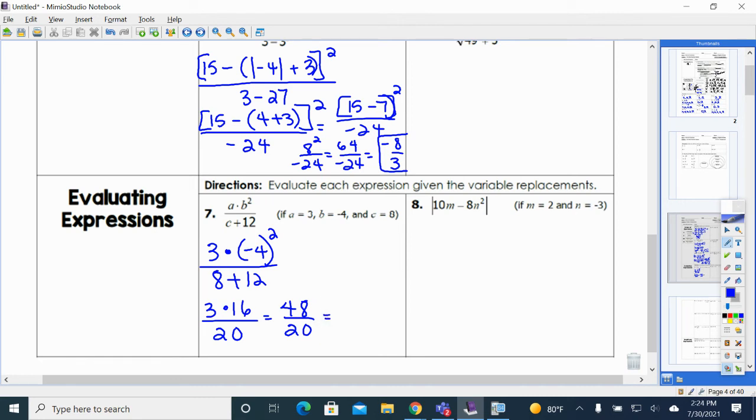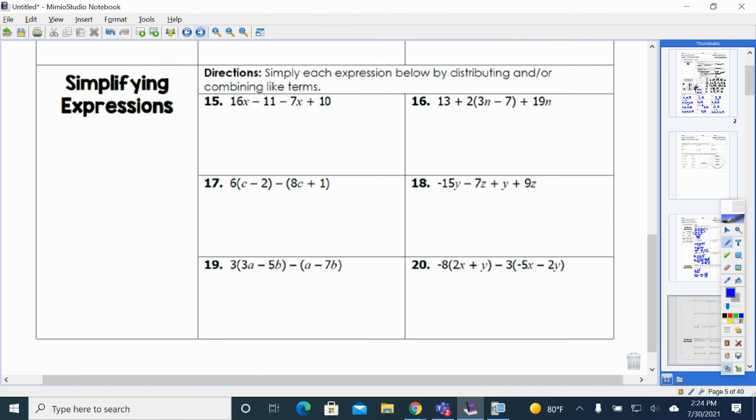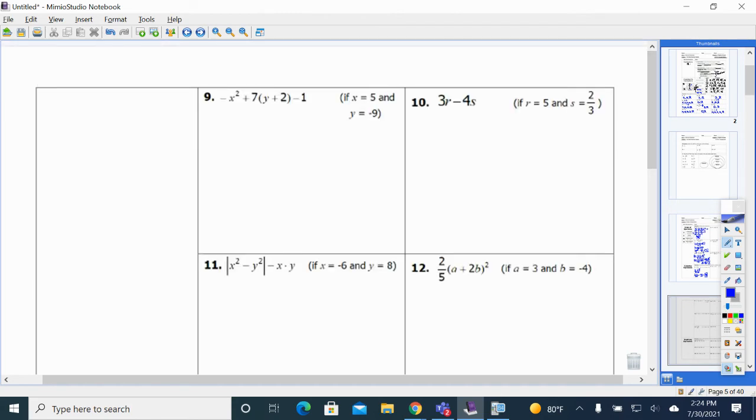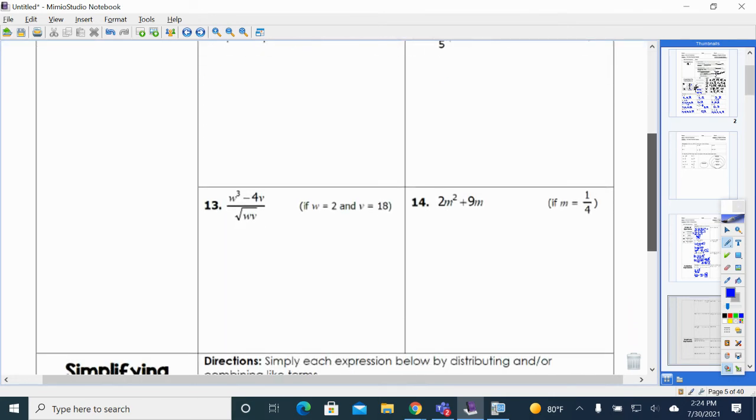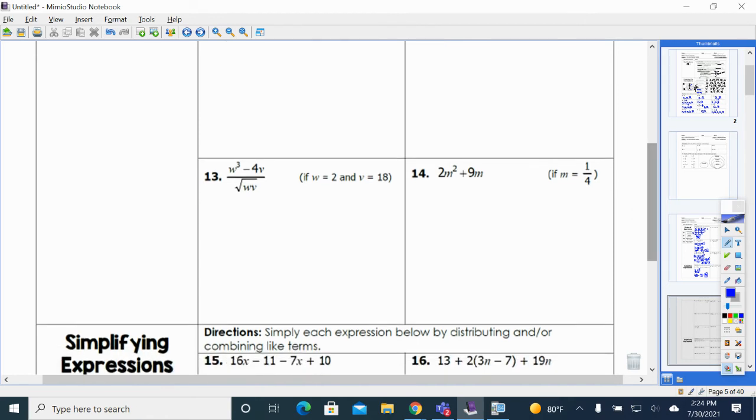When you reduce it, you should get 12/5. All right, moving on to the next set of examples. 9, 10, 11, and 12 are similar to the others. You plug in, you substitute the numbers in, use your order of operations, okay, on all of those.